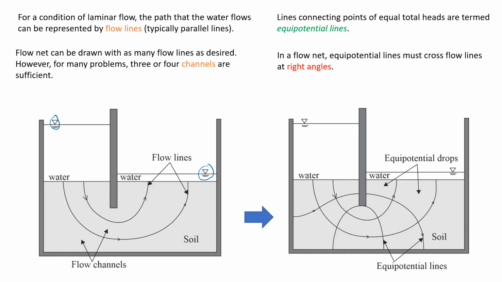Flow lines show you how water flows, and water can flow underneath the sheet pile in this direction. So this is the first flow line, the top boundary, and the other one is just here at the bottom. So this is the second flow line that already exists.